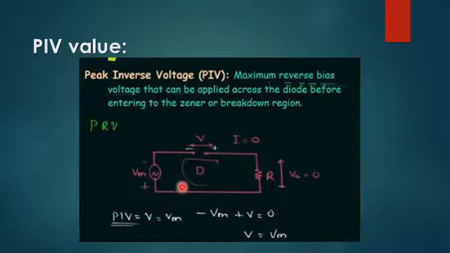The current in the diode is 0 and the output voltage is also equal to 0. So PIV is equal to V. Here, minus Vm plus V is equal to 0. So when minus Vm goes there, it becomes V equals Vm. So PIV is equal to Vm.